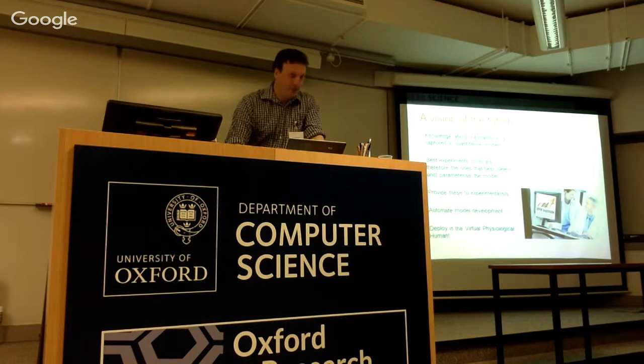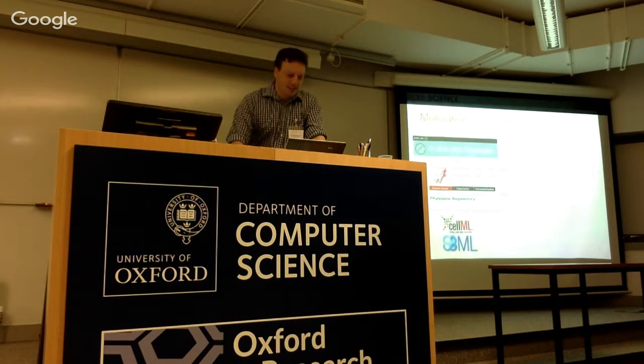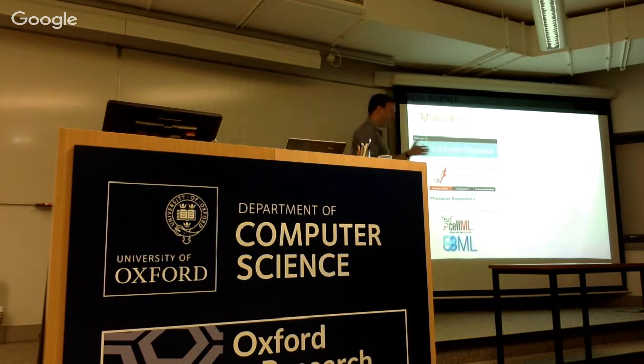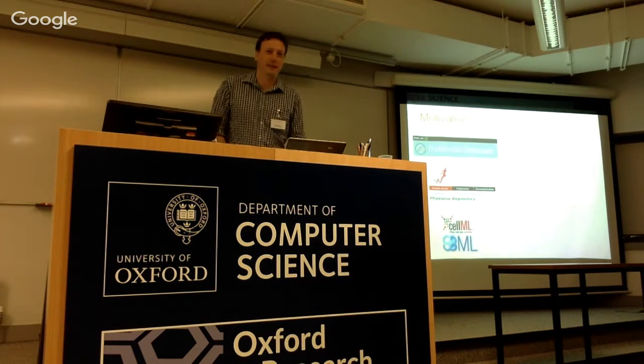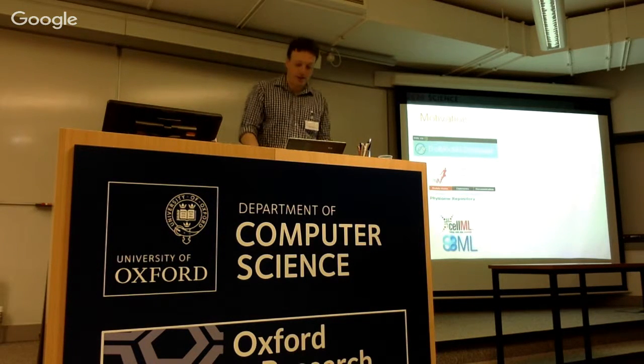So we've tried to chip off a little bit of that and just think about how we share what experiments we want to do. You're probably all aware of the brilliant efforts that Peter and the gang have done with things like the Physiome repository, which stores CellML files, and there's also the SBML files in the BioModels database. So these are brilliant. There's thousands of models that we can now share. There's no ambiguity about what the equations are.